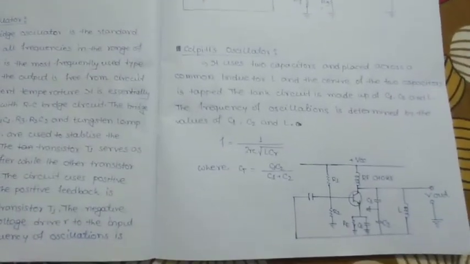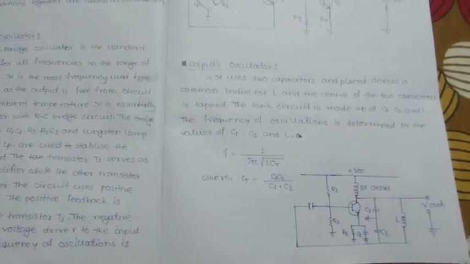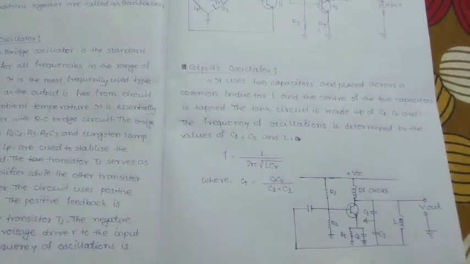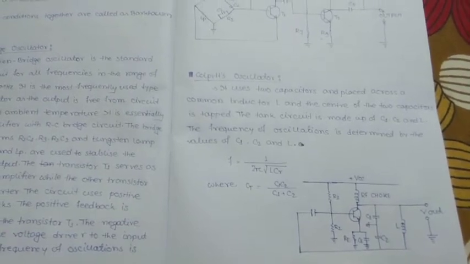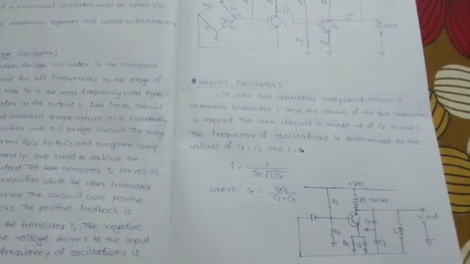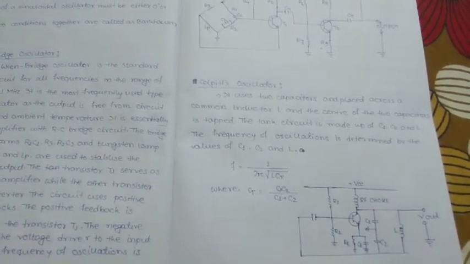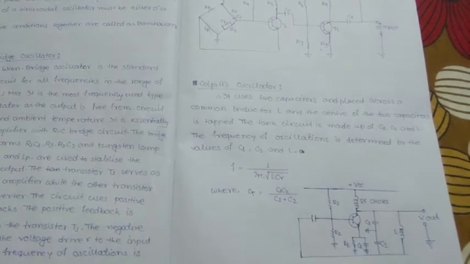Now a Colpitts oscillator is one of a number of designs for LC electronic oscillators that use a combination of inductors L and capacitor C to produce an oscillation at a certain frequency.